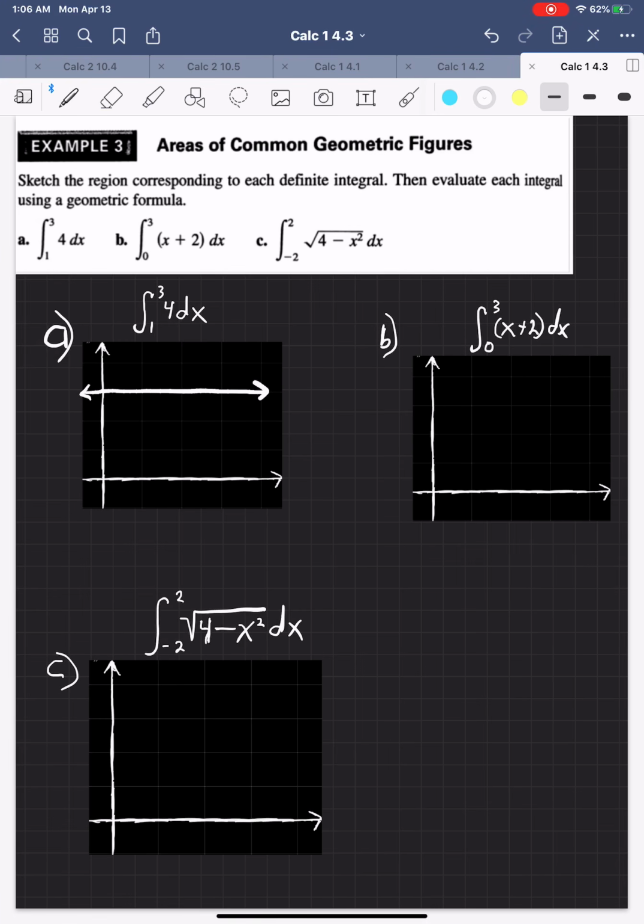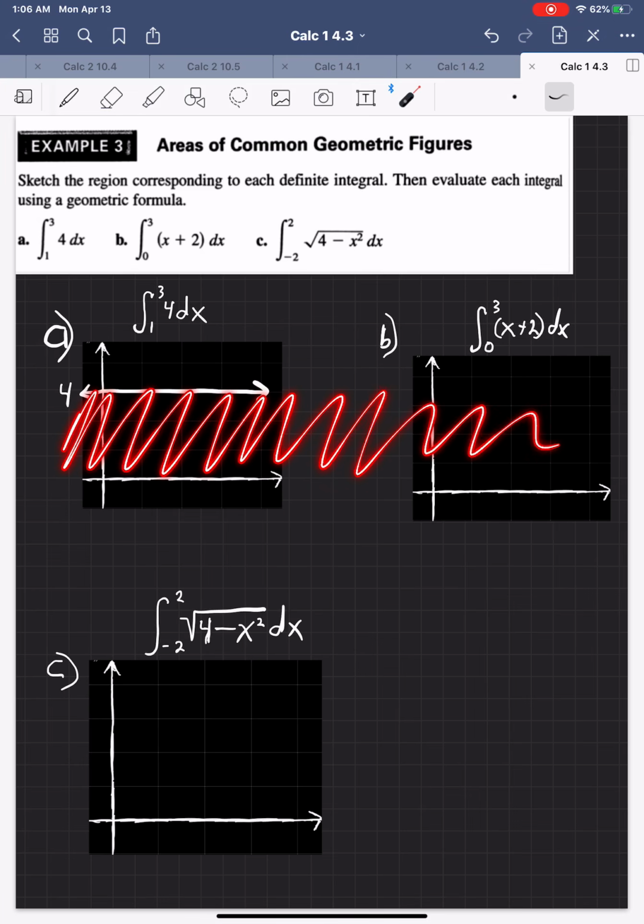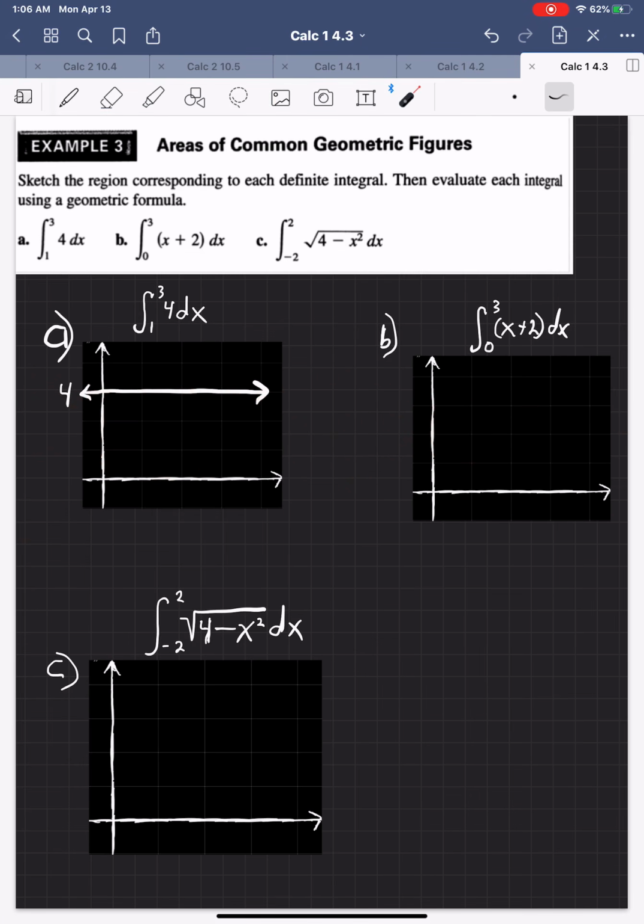Now, don't worry about these tick marks. This is the graph of 4. Don't worry if the tick marks line up. Okay, so that's the graph of 4. Now to ask what's the area under all of this, well, that's infinite, right? So we're not going to have a finite area under the entirety of that curve.